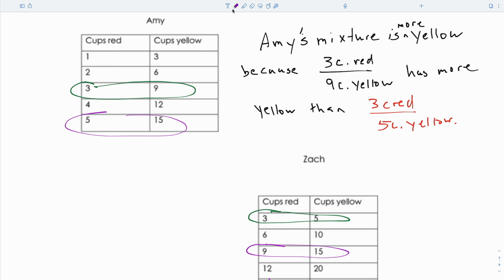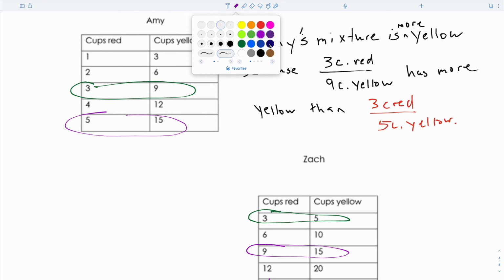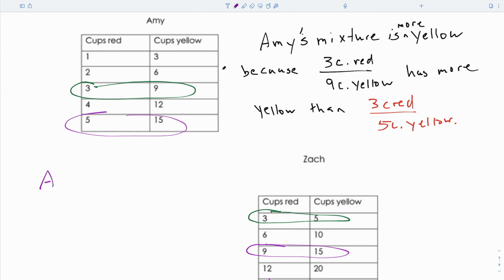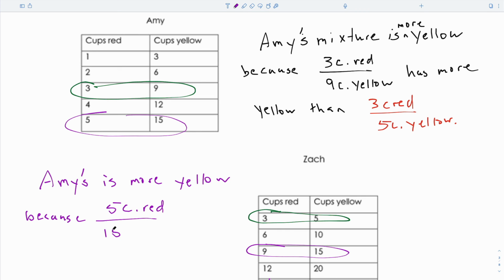So this is the same thing. I know that Amy's mixture is more yellow. The same answer, just a different ratio. Amy's is more yellow. And why? Well, let's use the ratio. Because 5 cups of red over 15 cups of yellow has less red and more yellow.